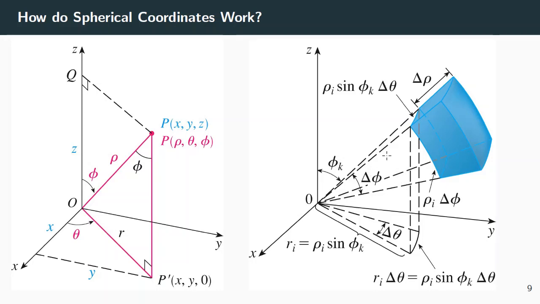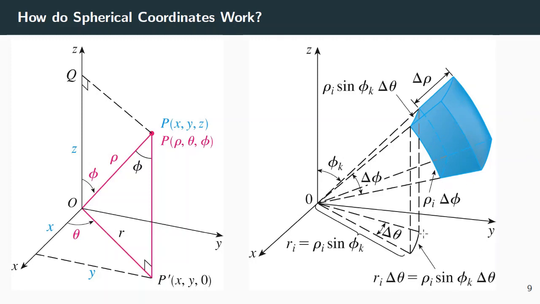If you have a little change in phi, theta, and rho, you get this sort of rectangular shape here. And then the question is, what's the volume of that shape? It turns out that the volume of that shape is roughly rho squared sine of phi d rho d phi d theta. In the limit, of course, this will shrink to be infinitesimally close to a cube or a rectangular prism.